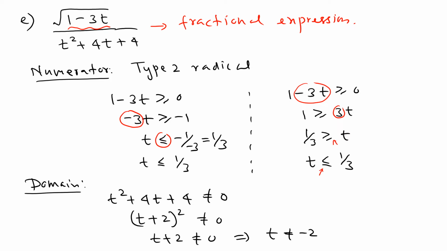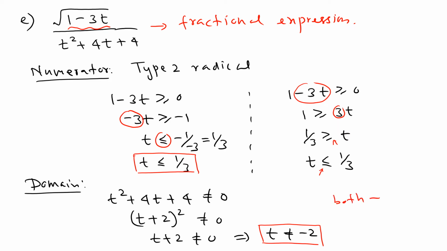So now we can write the solution, because the first one says that t has to be less than or equal to 1/3, and this one says t cannot be equal to negative 2. We're going to put both conditions. There's an 'and' involved here, because both means and.